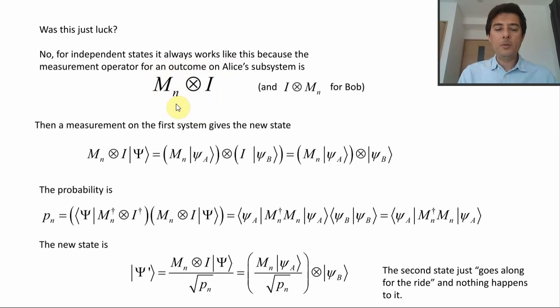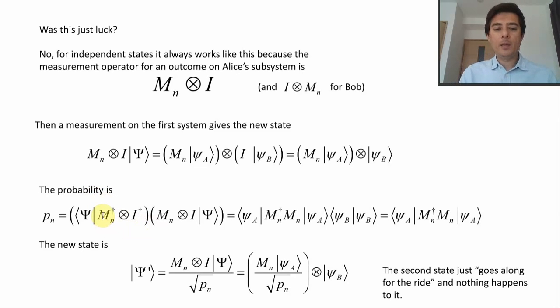We've got our measurement operator here, and in the case of only Alice doing this measurement, we would put the identity matrix here. If you use that as the measurement operator on the composite system, then this M just acts on Alice's part, the identity acts on Bob's part, and Bob's state is left untouched. Then we can go and calculate probabilities.